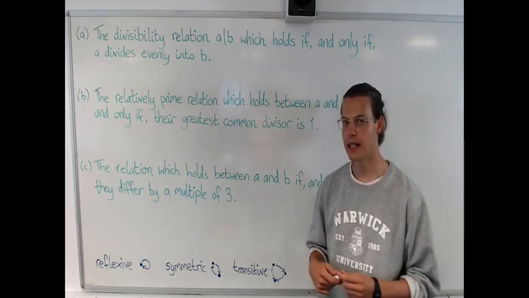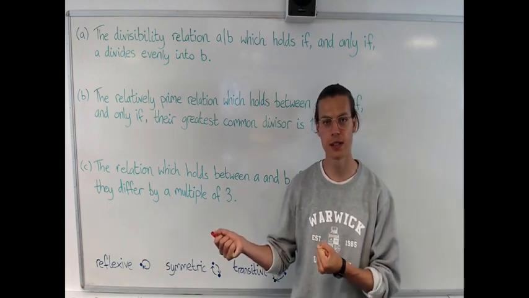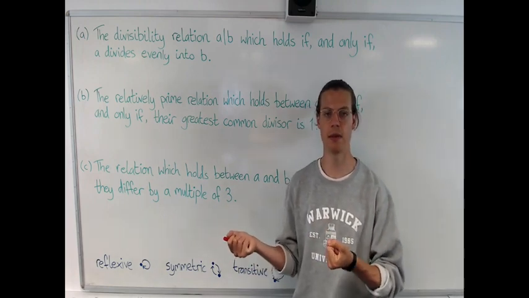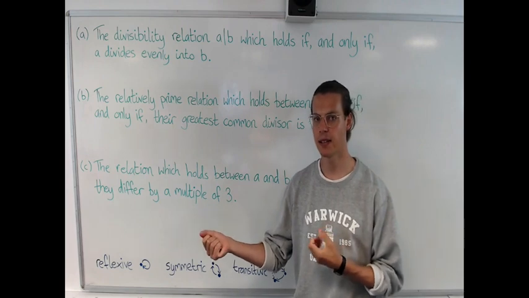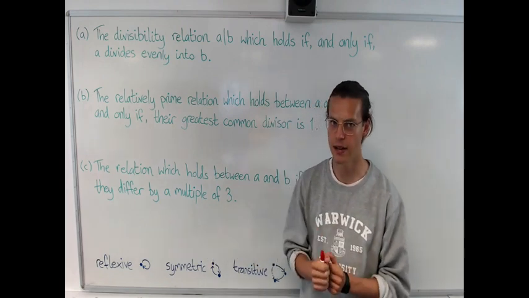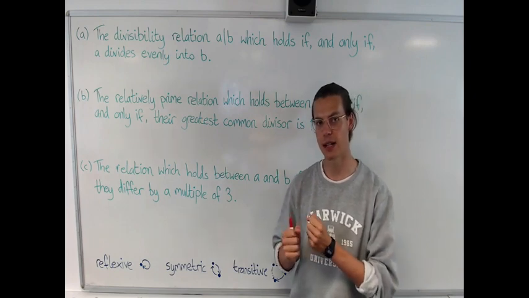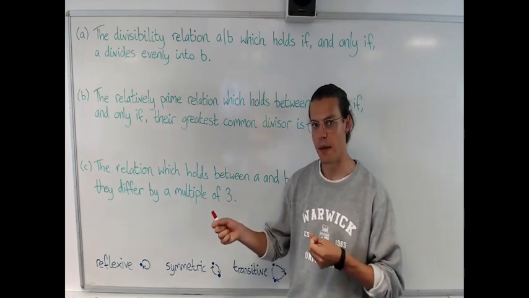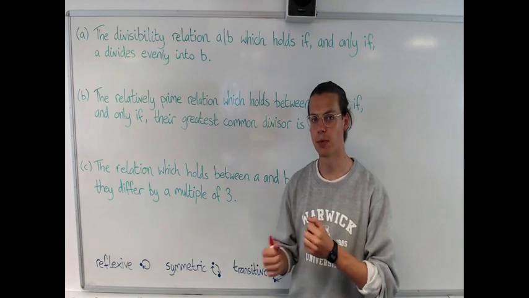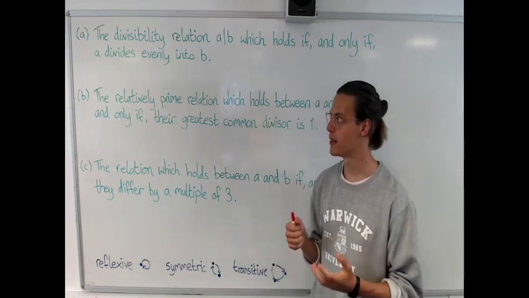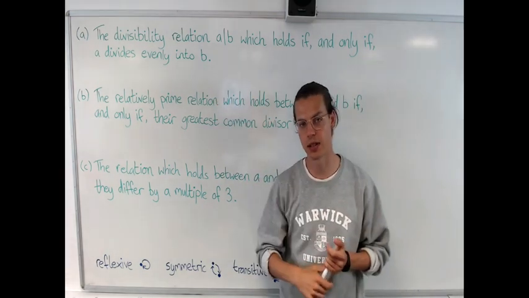If we take any two different positive integers, x and y, say, if x divides evenly into y, then y cannot evenly divide into x. So they can be related in at most one direction, and so this is an antisymmetric relation.